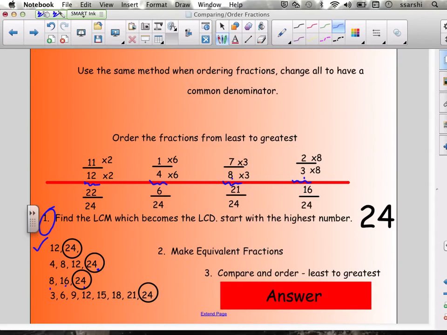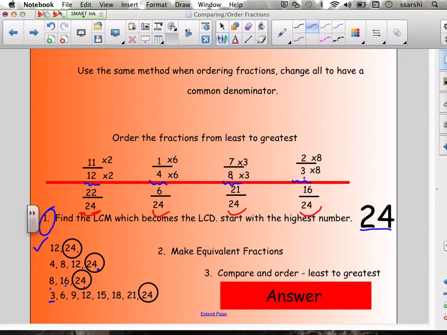Again, knowing my multiples of 3, I know that 24 is my lowest common multiple, which becomes my new denominator. So you see what's happened here is I've rewritten each of these fractions using a denominator of 24. I found equivalent fractions for 11/12, 1/4, 7/8, and 2/3 with 24 as my denominator.